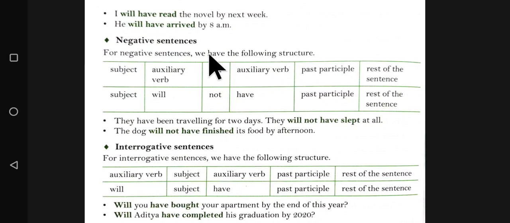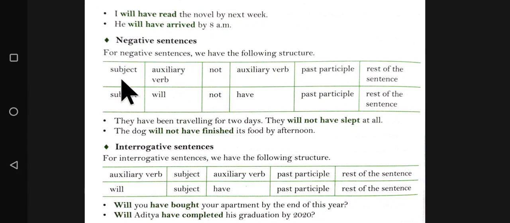Now next comes the pattern for a negative sentence. The pattern goes like this. First comes the subject, then the auxiliary verb. Then of course we are dealing with a negative sentence, so we will put not. Then again comes the auxiliary verb, then the past participle form of the verb, then the rest of the sentence. Kindly keep in mind, students, for a negative sentence in future perfect tense, we will put not in between the two auxiliary verbs.